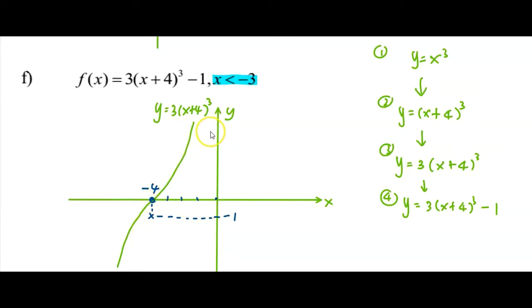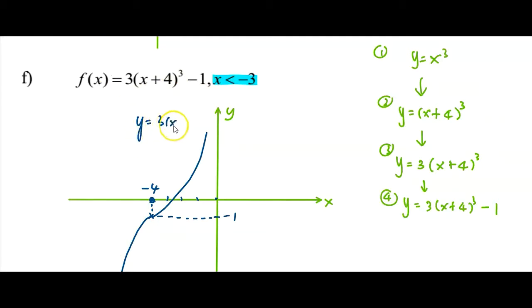So you can sketch the graph with the same steepness, same gradient, but it goes down by 1 unit. Alright, then you can now erase this off. You have your graph y equals 3(x plus 4) cubed minus 1.